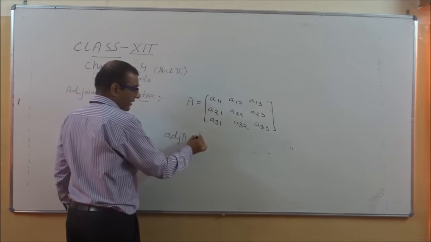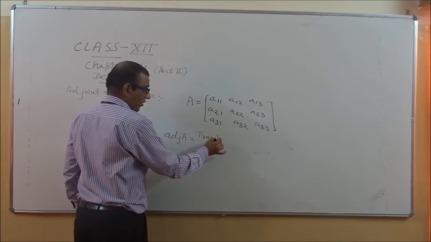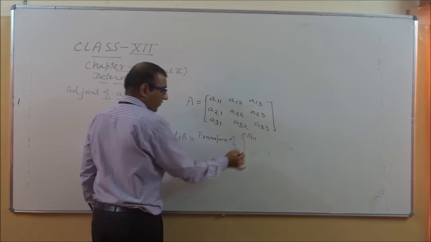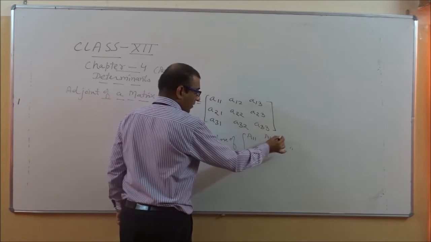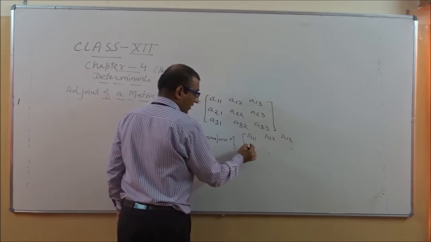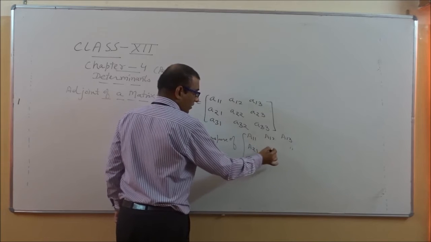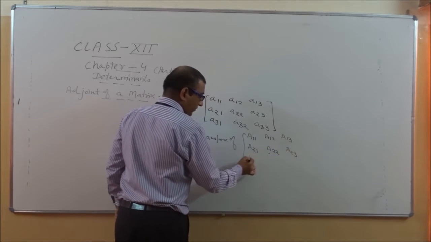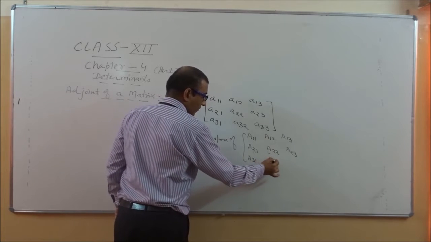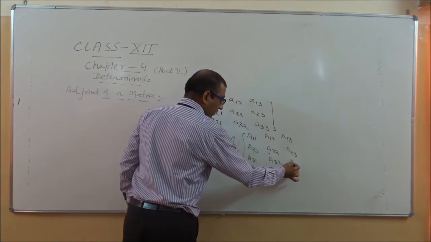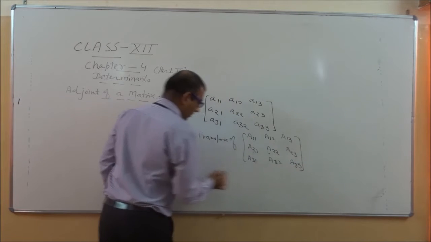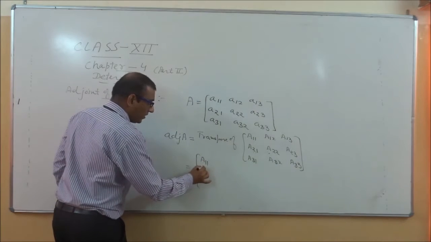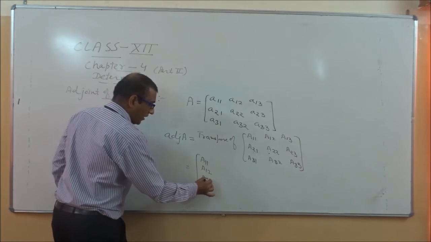can be written as transpose of capital A11, capital A12, capital A13, same procedure with the next ones. And if we are taking the transpose of it, it can be written as A11, A12, A13.